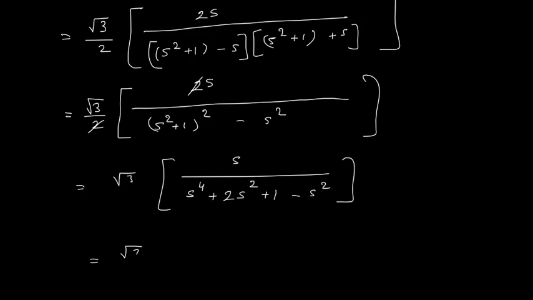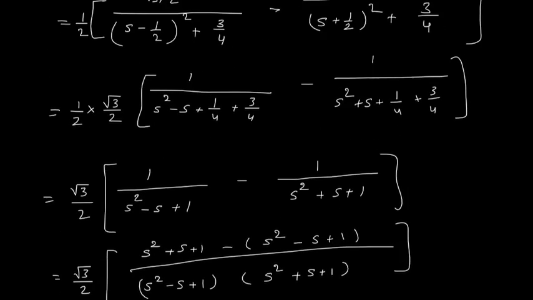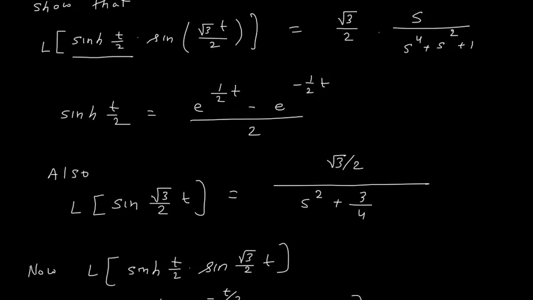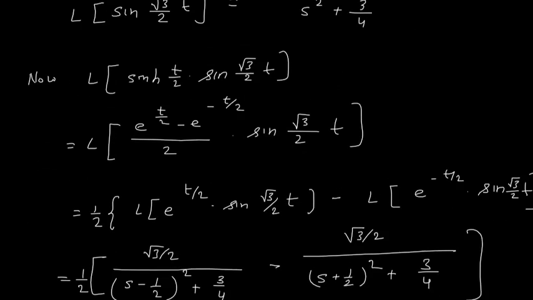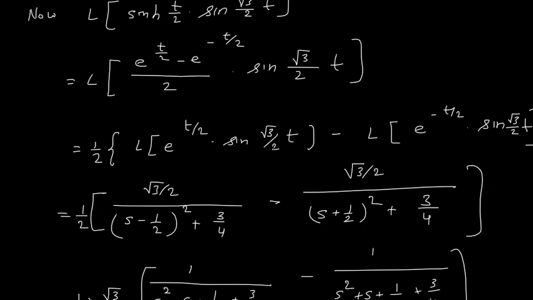So this is root 3 into s upon s power 4 plus s square plus 1. So s upon s square plus s plus 1, this we have got root 3 by 2. Okay, this is missing. So let us check where we have done a mistake.